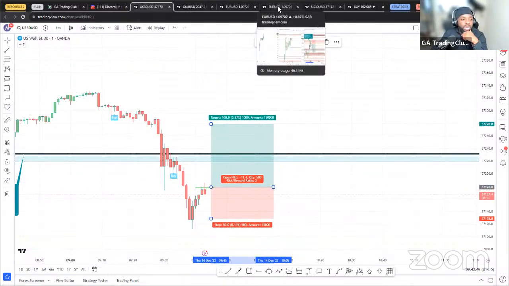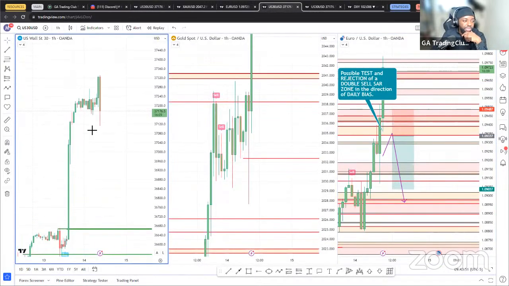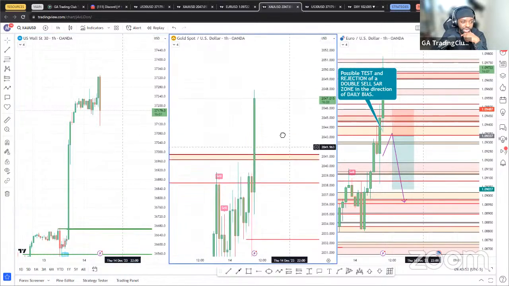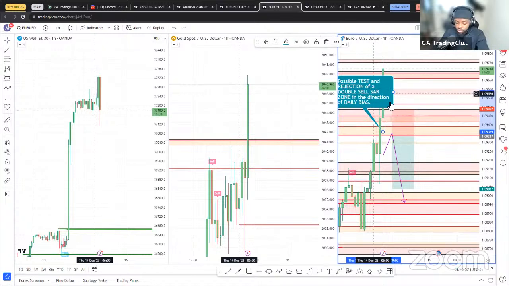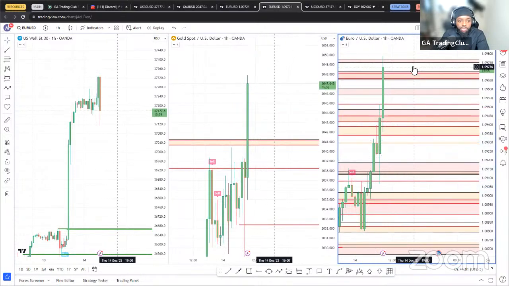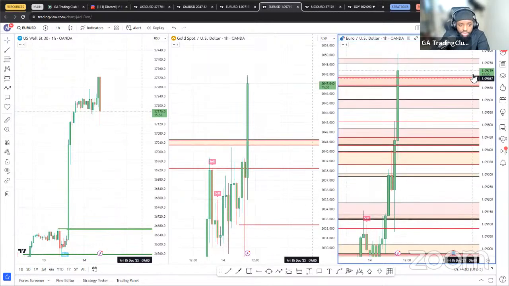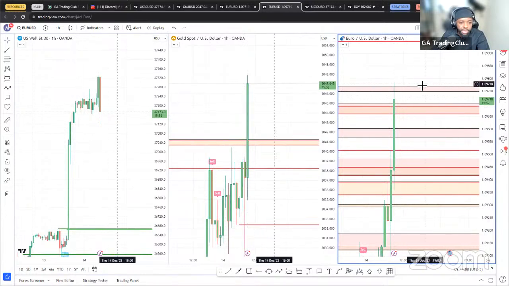So the next one we can do, we can go to the hourly time frame. On the hourly time frame, there's nothing for US 30. Nothing for gold. The hourly time frame, okay, this was already invalidated early this morning. On the hourly time frame, we have an EU zone here, but I think the color of this zone is red, so this must be a 4-hour zone.